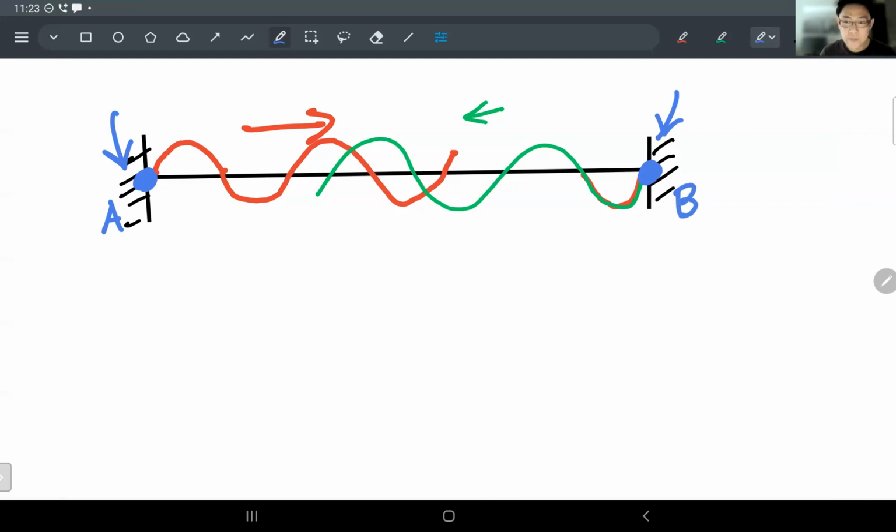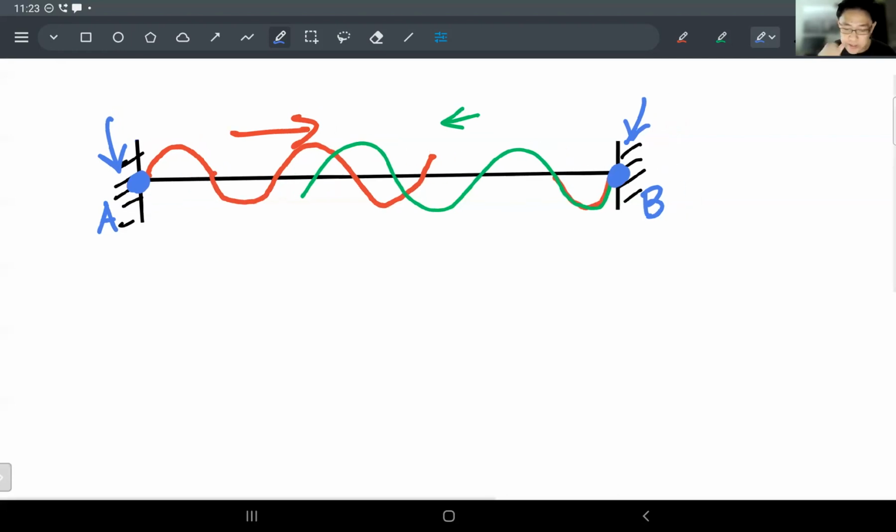Isn't that weird? The concept is simple. It's just summing two waves together, but you only have to pick the one that actually shows no displacement at the two ends. Let's do it and see how it goes.